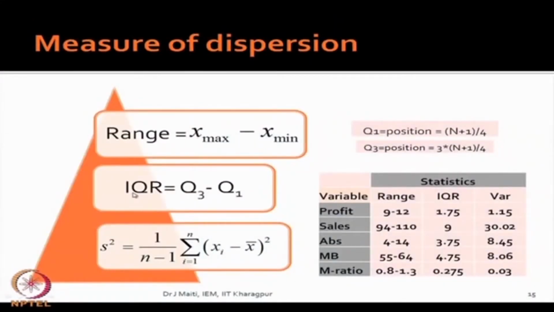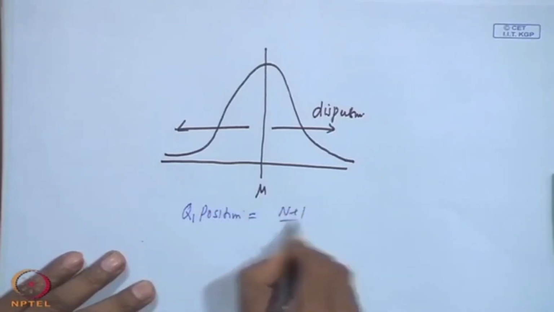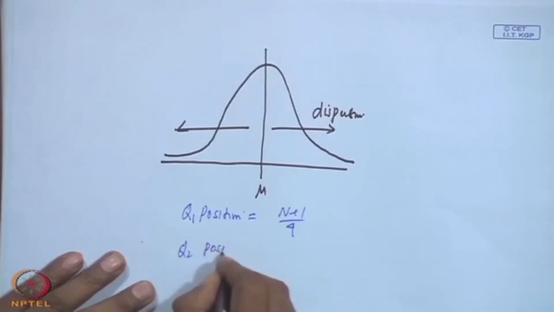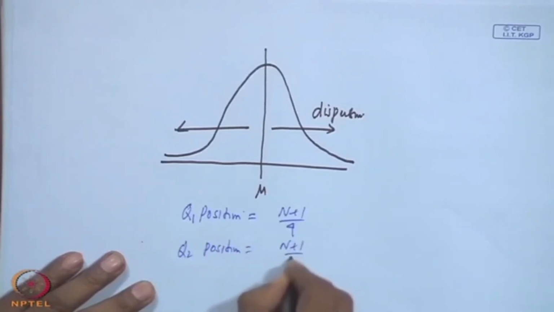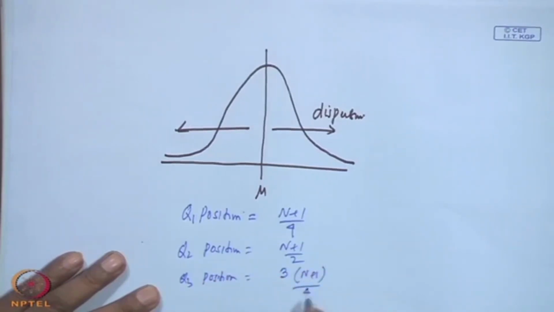Another one is interquartile range, which is the third quartile minus first quartile, and these are all positions. The Q1 position is (n plus 1) by 4, the Q2 position is the median, which is (n plus 1) by 2, and the Q3 position, that is third quartile, is 3 into (n plus 1) by 4.